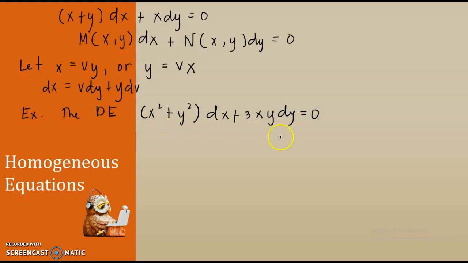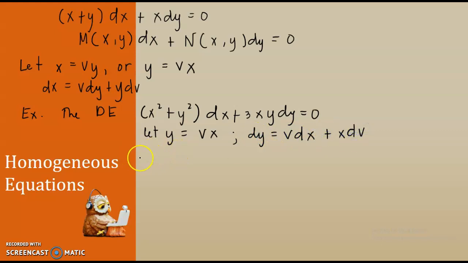Okay, looking at this equation, the most convenient na palitan natin is yung y. Kasi kung x ang papalitan natin, look at this one, you have your dx, mas mahaba ang process. Pero you will arrive at the same answer. Okay, let y is equal to vx, and then the dy becomes v dx plus x dv.